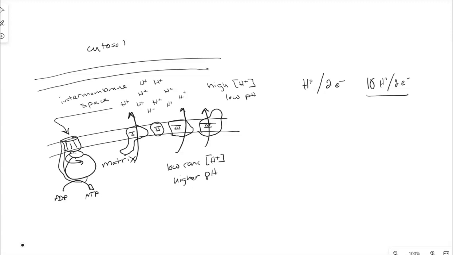And once we've established this gradient, I'm not going to go through the entire derivation and proof. However, the change in Gibbs free energy for the flow of protons back across from the intermembrane space to the matrix is delta G of about negative 23.3 kilojoules. So it's a highly favorable process.